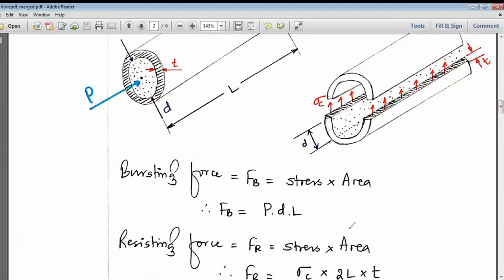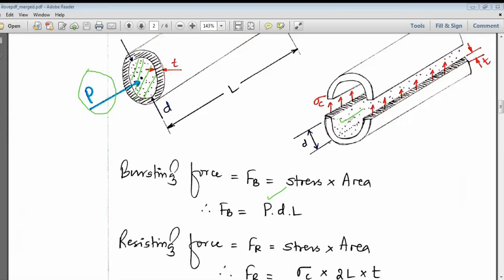Here you have pressure P acting, and the area is this entire inner part.